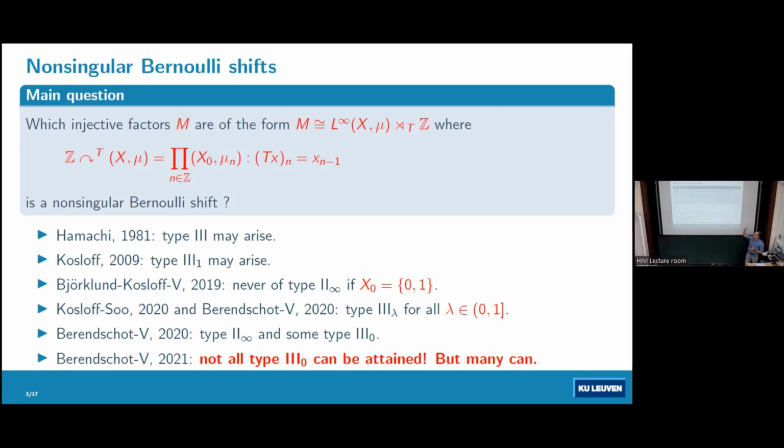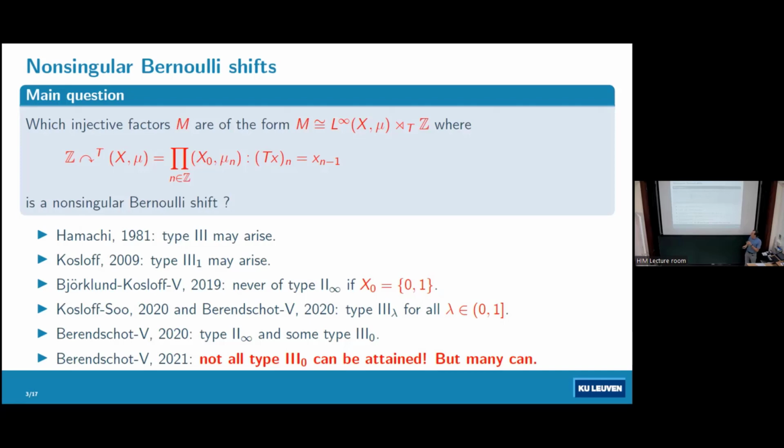Both are a kind of existence theorems in the sense that the way they prove this is by taking for X0 just a set with 2 points and then inductively choosing mu_{n+1} in terms of the previous ones and doing that carefully, showing that if you follow this inductive procedure, then at the end you get type III_1.